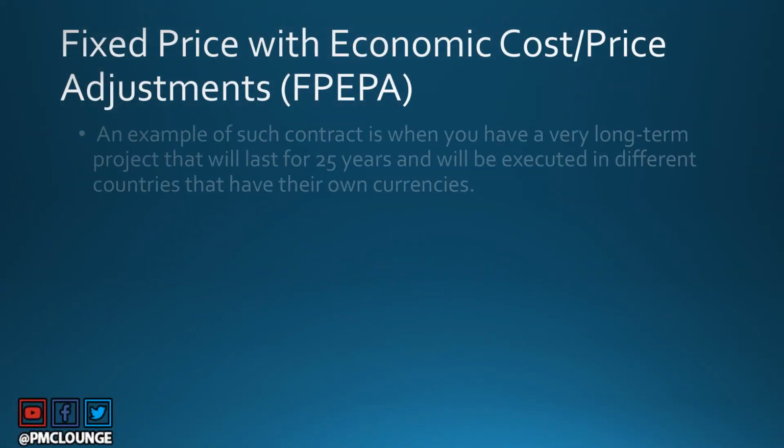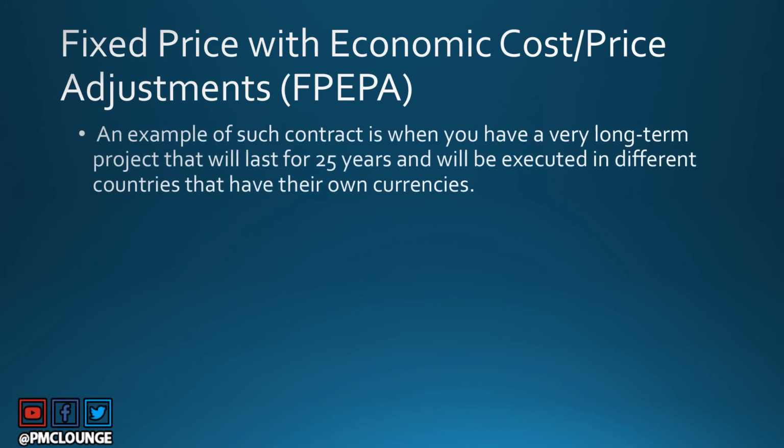So let's talk more about FPEPA. As I said, when we look into an example, you'll have a clearer understanding of what this contract is all about. So consider that you are working on a very long-term project, and this project is going to last for 25 years. Now think about that. A project that lasts 25 years. And this project will be executed in different countries and is going to deal in different currencies as well.